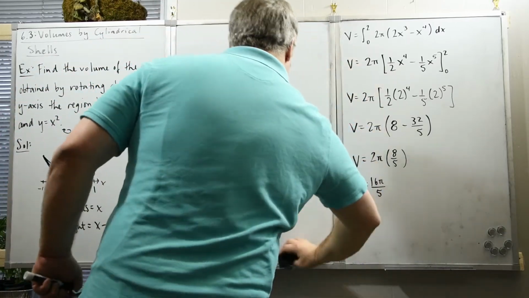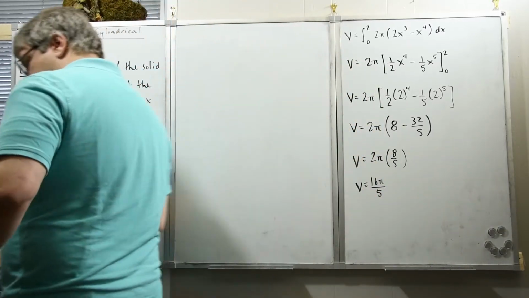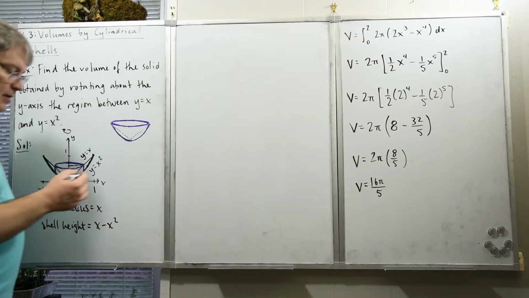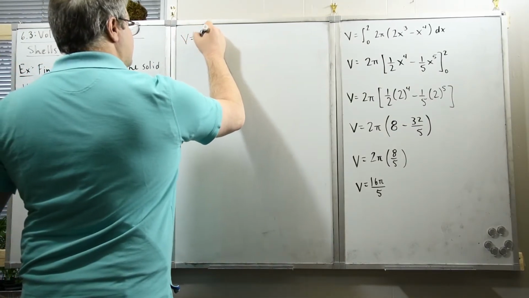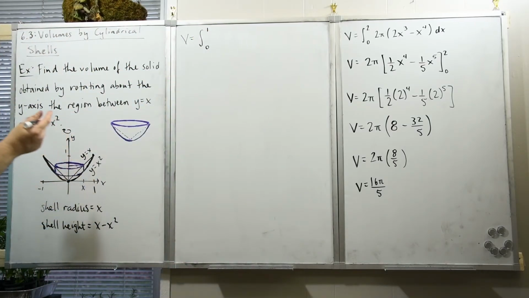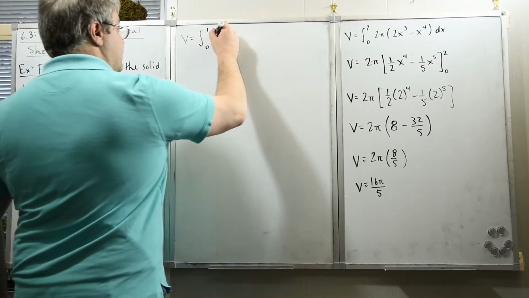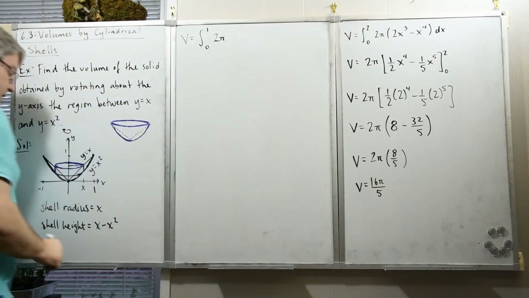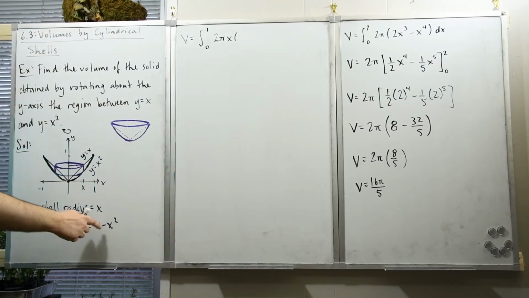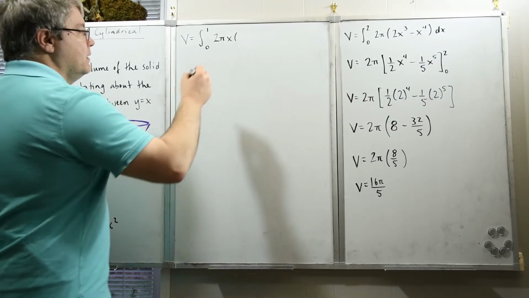And so when we think about putting this all together to get our integral, we have volume is equal to the integral from 0 to 1, because that's the x interval over which the original region lies. You'll have 2 pi times your shell radius, which is x, times your shell height, which is x minus x squared.